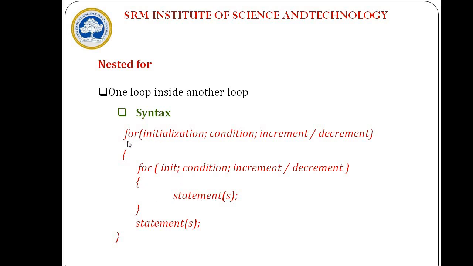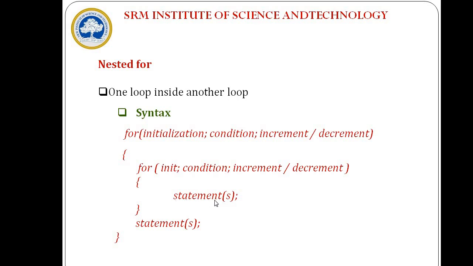Initially, we'll see how this for loop gets executed. First, the outer for loop is initialized with a value. If the condition is true, it will move to the inner for loop. The inner for loop will initialize the variable and check the condition. If the condition is true, it will execute the body of the loop.